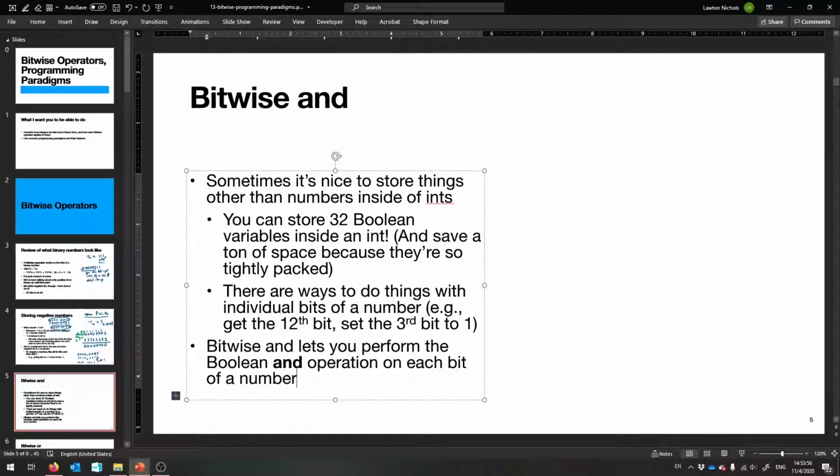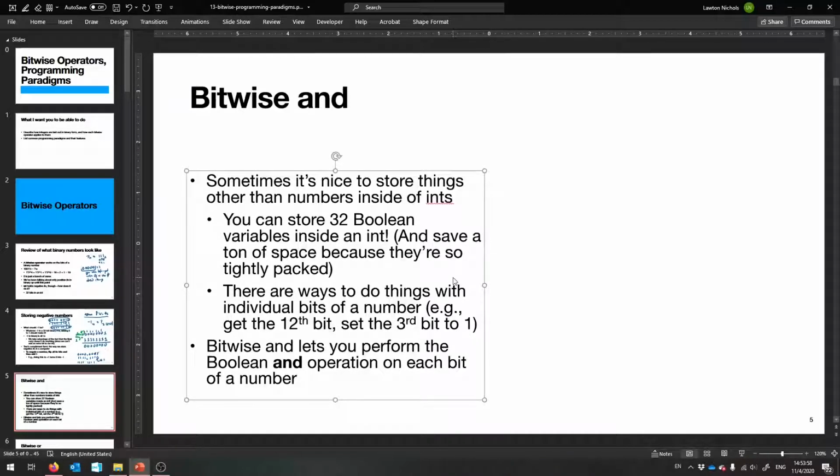So again, let's assume 8-bit numbers, and let me show you what the AND operation does. Remember your normal truth table, just like with true and false, the Boolean AND.